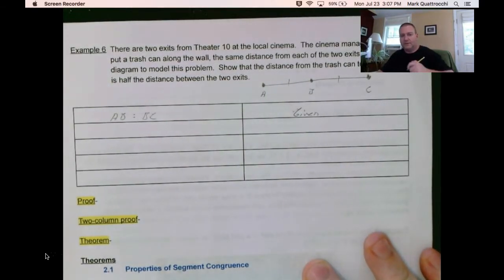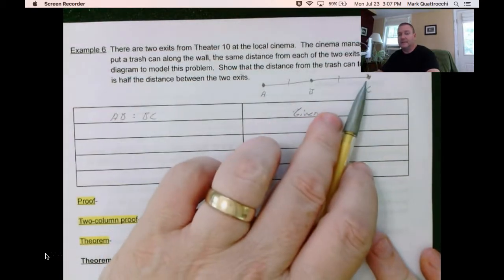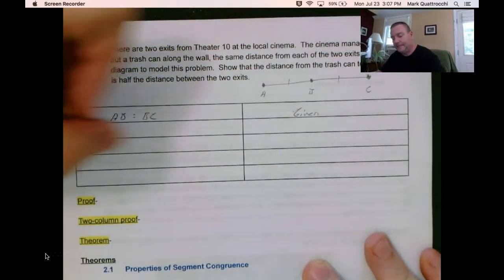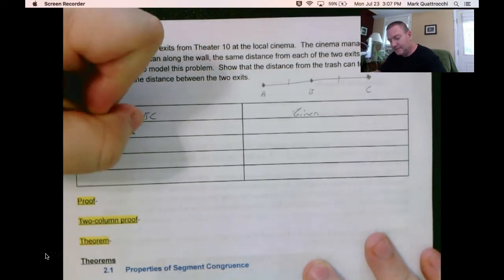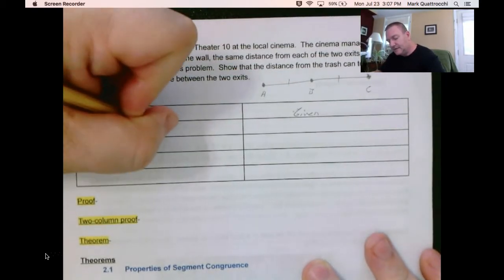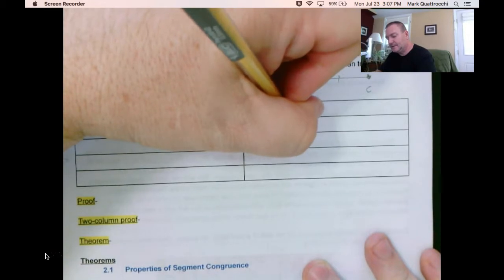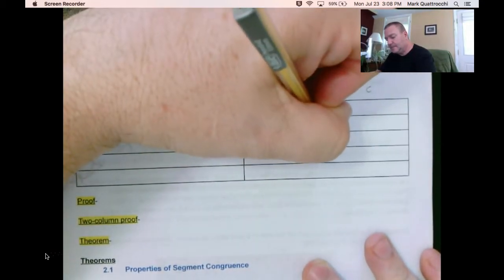Okay. Well, what else do we know? We know that if we add these 2 small segments together, we get the bigger segment. So the measure of segment AB plus the measure of segment BC is equal to the measure of segment AC. Segment addition postulate.